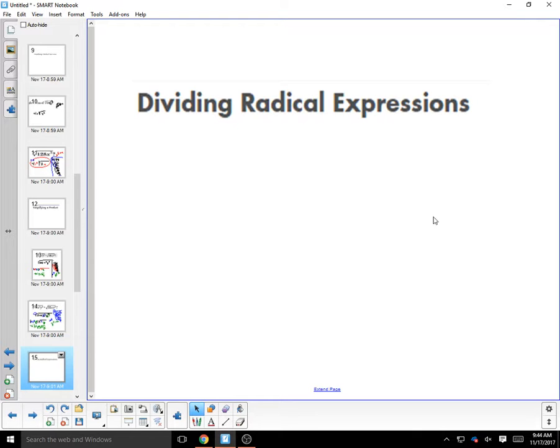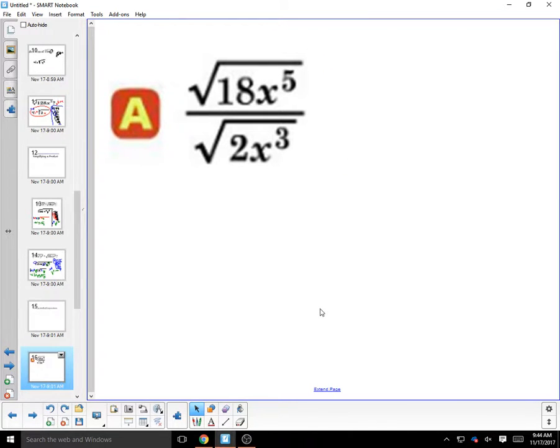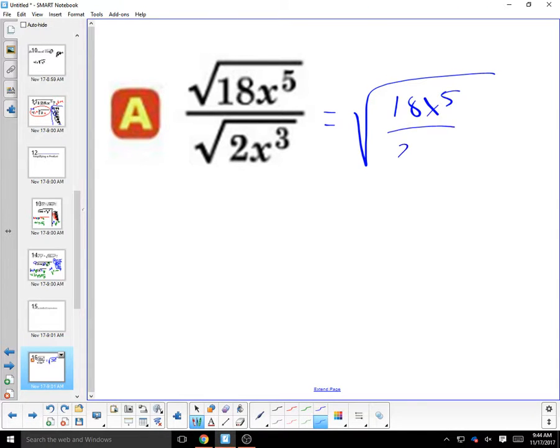No, but I'm going to show you how to do this dividing real quick. Can I divide these? Yes, I can. Now, what's really cool about this, you can think about it that way.